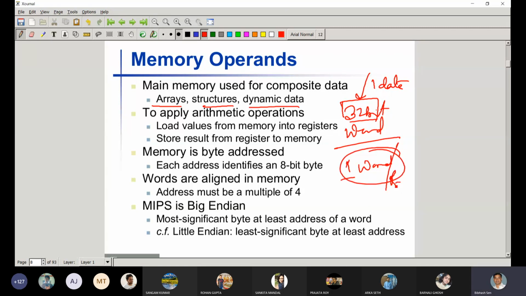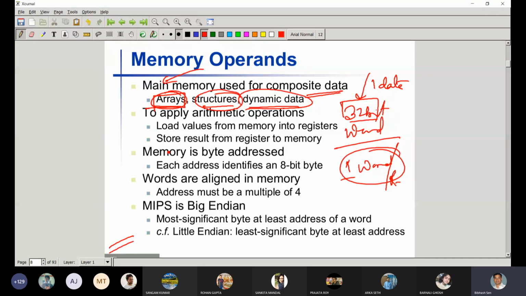When composite data is there, meaning a collection of more than one data item, that is a problem. Structures and dynamic data also require main memory instead of registers. In a register individual data can be stored, but composite data cannot be stored.